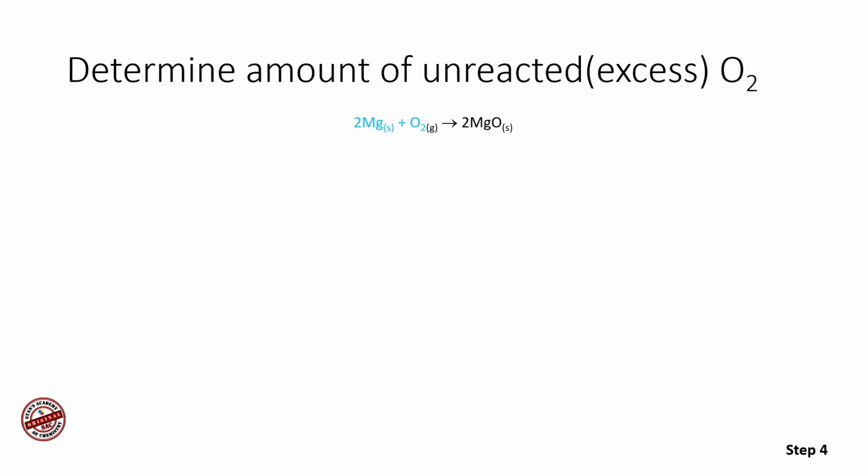And then we want to find out the quantity of oxygen that is needed to completely react with the limiting reagent. If you have the moles, we can also change it into grams and then find out how many grams have reacted and how many grams are still remaining unreacted. That's what we're going to do here.